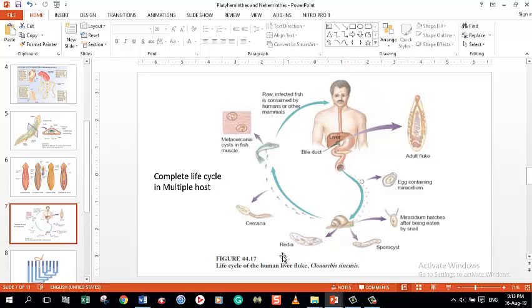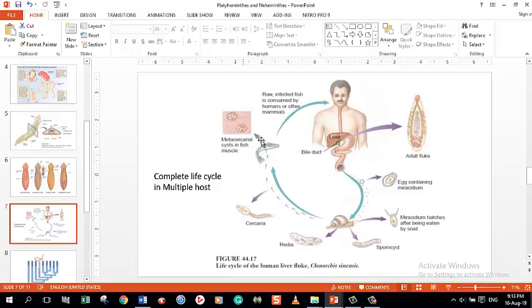Then in the snail, the redia larva and the cercaria larva develop within the snail host. The snail host then releases the cercarian larva, and it enters into the fish, where it becomes a metacercarial cyst.